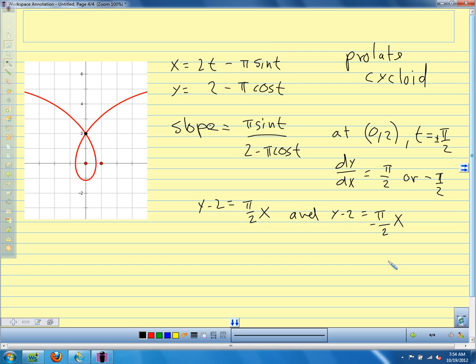Questions on that one? These curves, the prolate cycloid, and all the different curves that come from circles rolling on other shapes, I find them pretty fascinating. All right, the other thing we're interested in when we talk about parametric equations is when our tangent lines are vertical and horizontal.